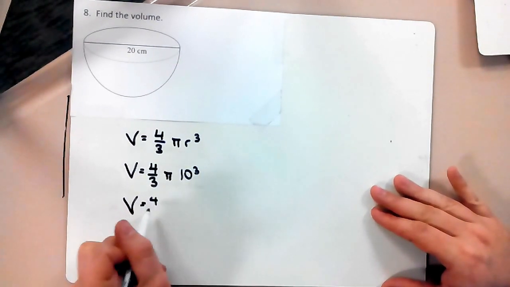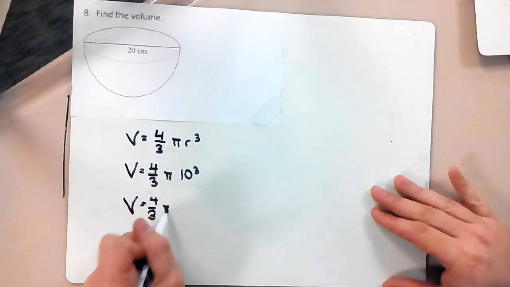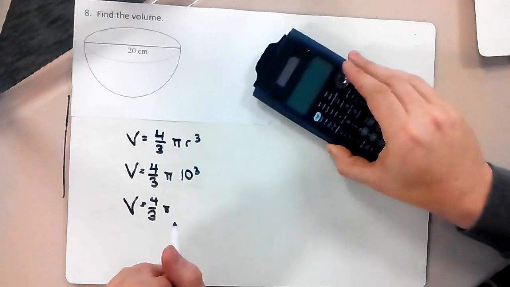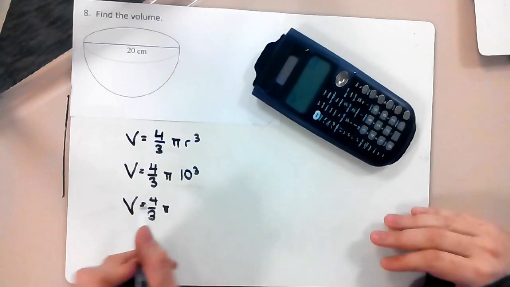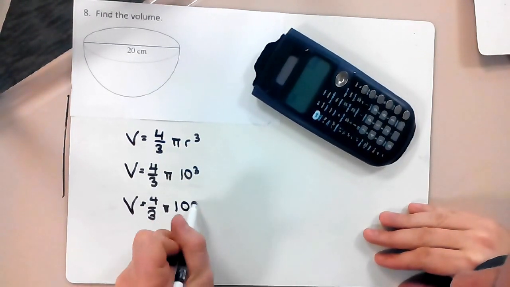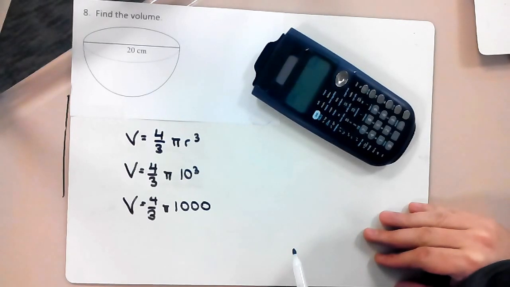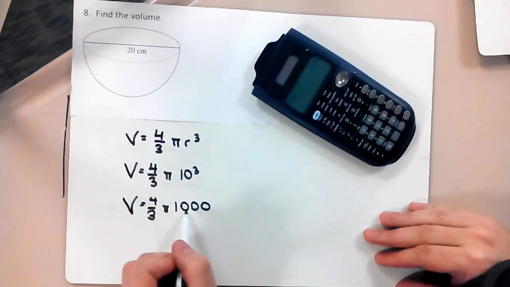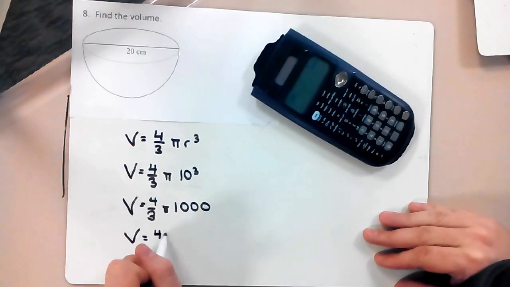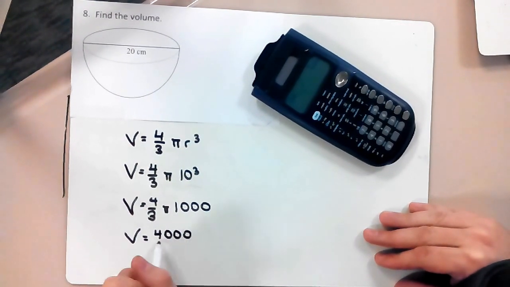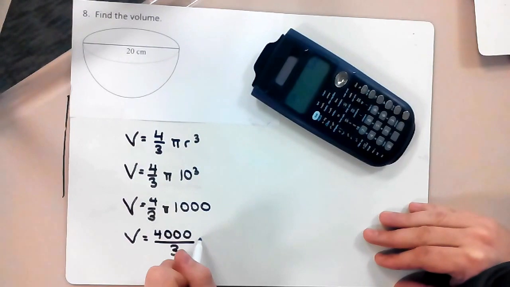So 10 cubed is 1,000. 4/3 times 1,000 is 4,000 over 3 pi.